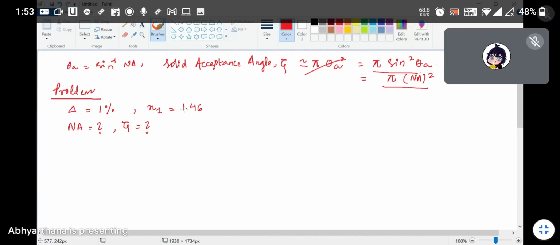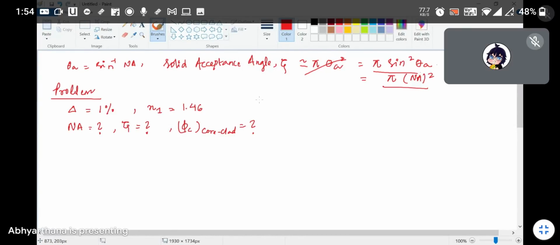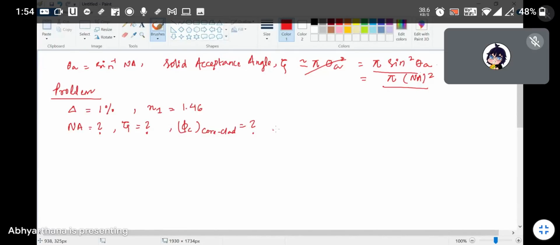Further, you have to find out the critical angle at the core cladding interface. Do you feel there is any missing parameter in the question, or everything seems sufficient?